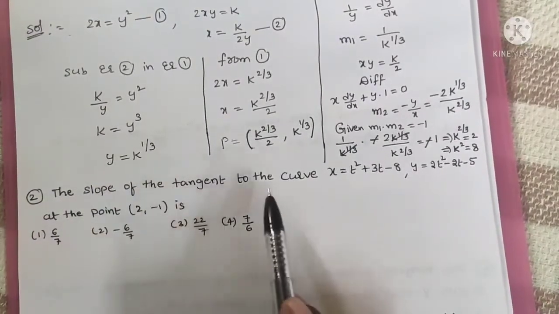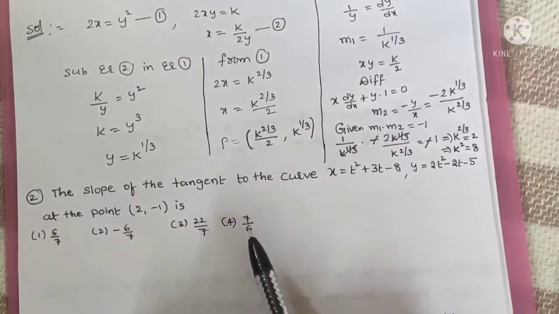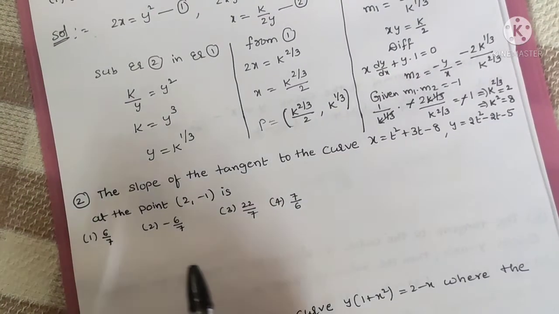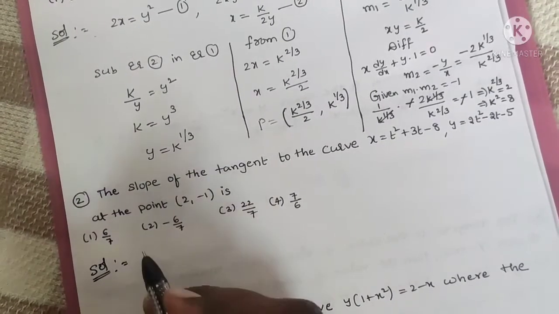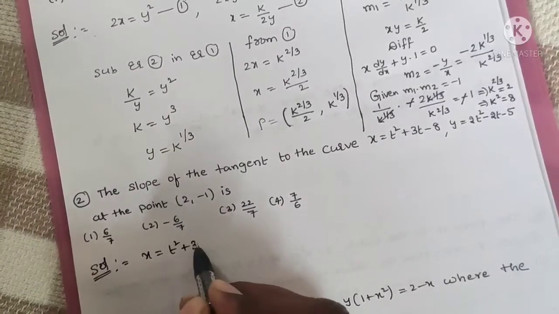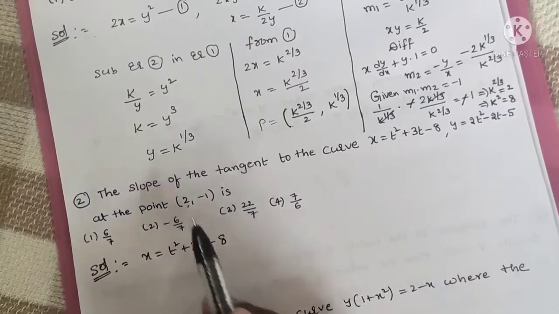We need to find the slope of the tangent to the given curve x, y at the point (2, -1). First, I am taking the first equation: x is equal to t square plus 3t minus 8. In place of x I can substitute 2.